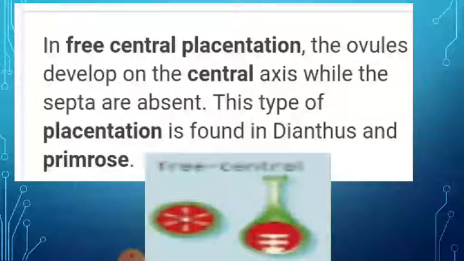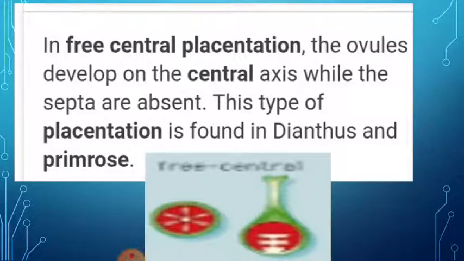Next is free central placentation. In free central placentation, the pistil is polycarpellary and syncarpous, but the ovary is unilocular. The ovules are borne around the central column, which is not connected with the ovary wall by septa. This is found in Dianthus and Primrose.